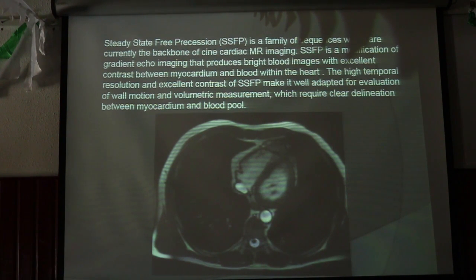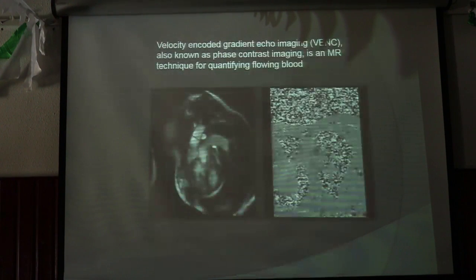It has a high contrast between the blood, which is bright, and the myocardium, which is dark. Therefore, it is used for wall motion evaluation and volumetric measurements. We have another sequence, which is the velocity encoded gradient echo imaging. This is used for quantifying flowing blood, and it's used in cases of stenosis.